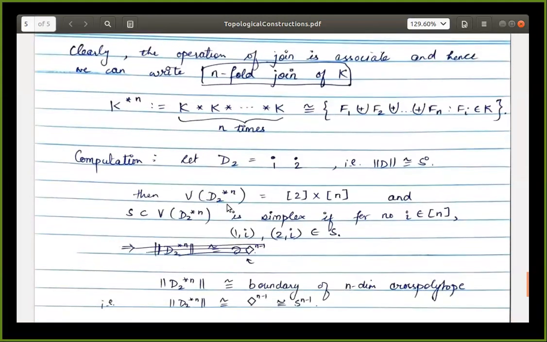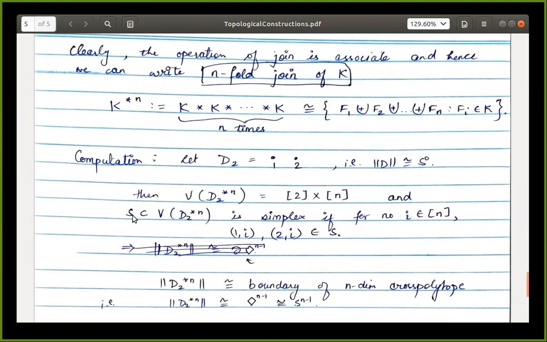And now this vertex set you can write as 2 cross n, because I've taken the numbers to be 1 and 2. So an element here will be (1,1), (2,1). An element here is going to be (1,2), (2,2), and so on. So that's exactly the set 2 cross n.